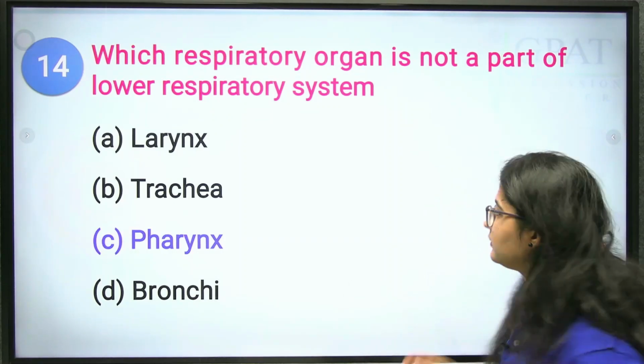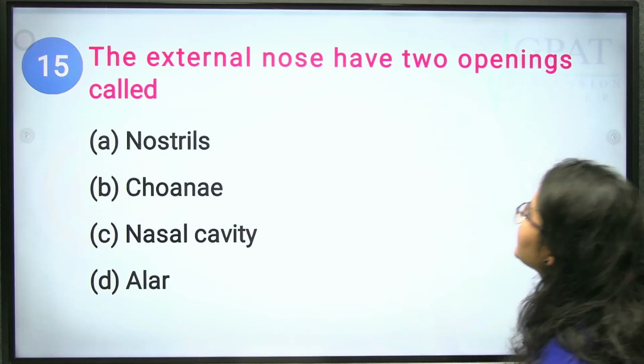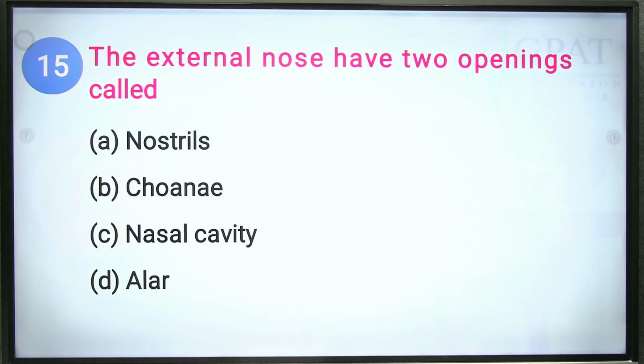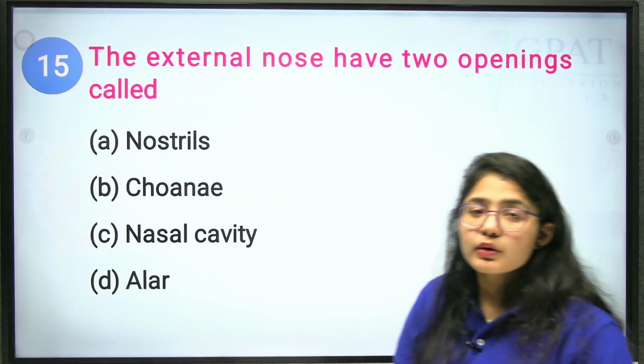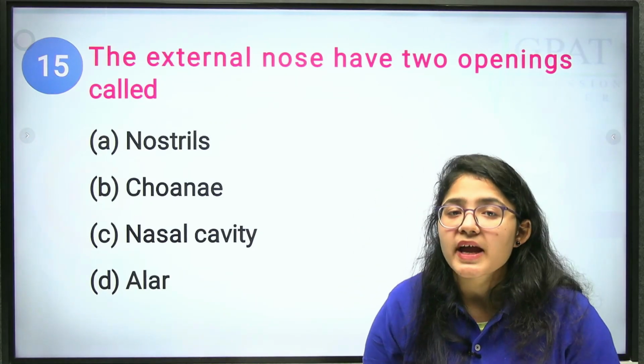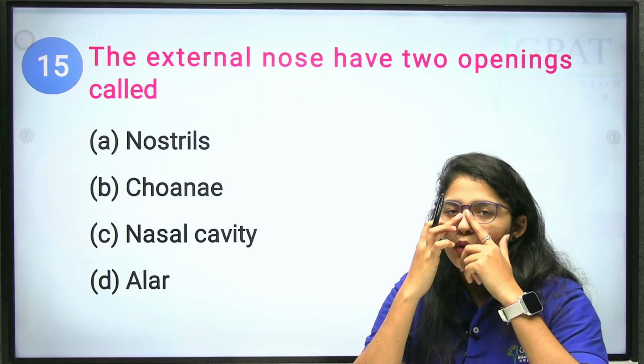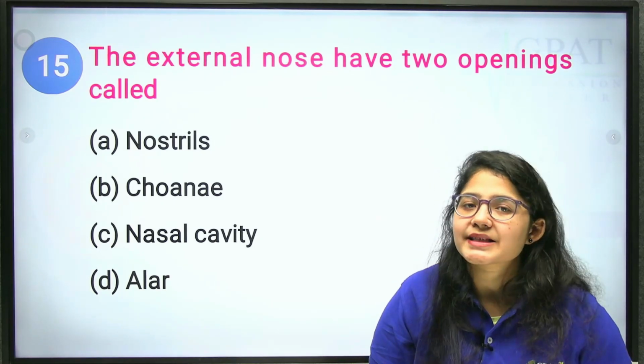Clear? Okay. Now the next question. The external nose has two openings called? The nose has two openings, this and this. These are known as your nostrils. And the cavity present on both sides is your nasal cavity.